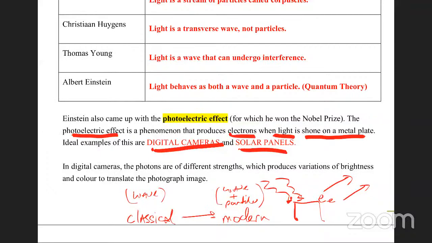So technically, yes. If you look at something called a photoelectric cell, you will see it happening. You can always Google it when you have time. A photoelectric cell shows you how this photoelectric effect happens. This entire topic you'll do in Unit 2 physics.